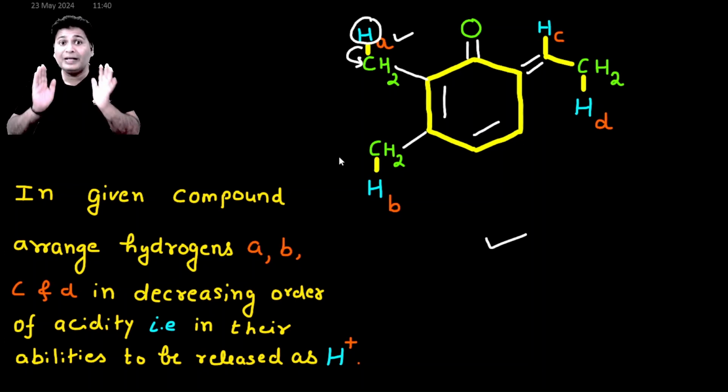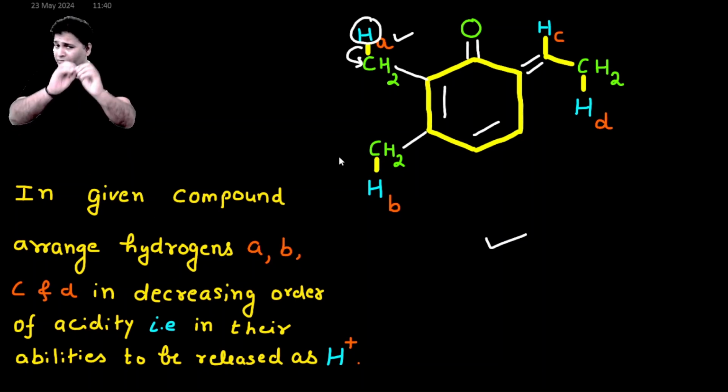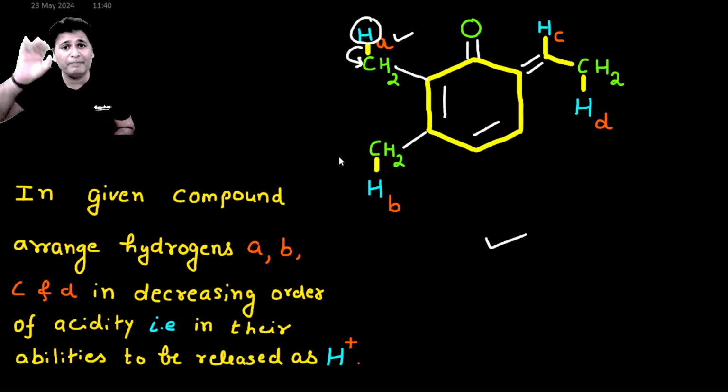So you have to make the carbanion and judge the stability of the 4 carbanions which will be generated by removing A, B, C and D one at a time. I will start with A and proceed like that.